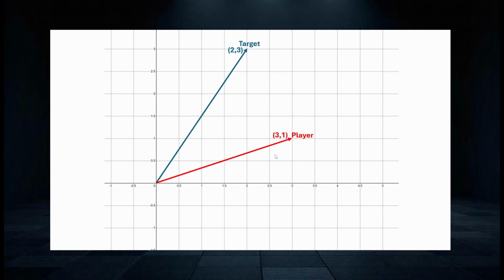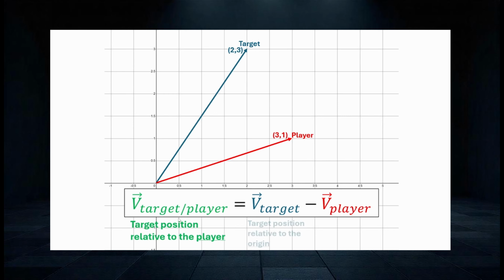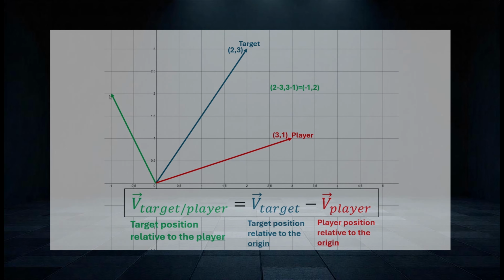If we want to find the position of the target relative to the player, we will have to travel in the opposite direction to the player position vector and in the target's direction. This essentially means subtracting the two vectors. If we carry out the calculations, we'll arrive at this vector, which is -1 and 2. That tells us that the target is 1 unit to the left and 2 units up from the player.